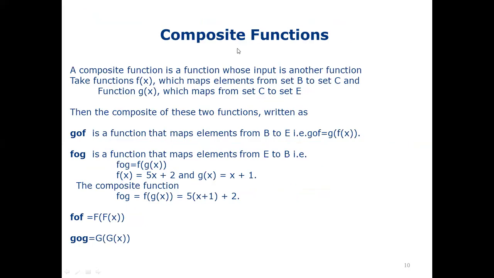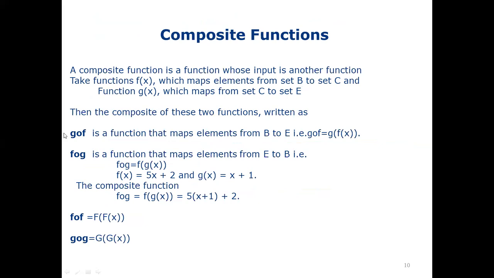Now composite function, here you can say it is a type of function whose input is another function. Like take function f of x and g of x. So f of x we can map to g of x. Suppose f of x is given from set B to set C and g of x is mapped from C to E. That means C is overlapping, you can say.